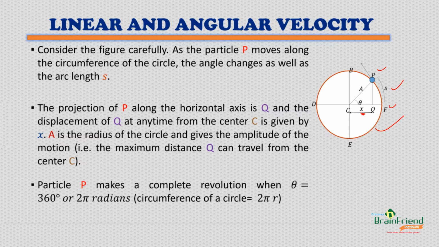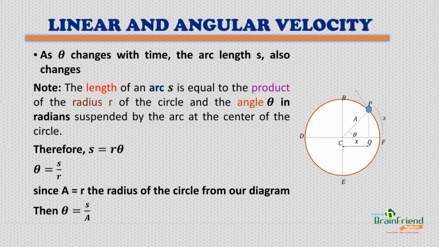So when particle P completes a revolution, that is, moves around the circle, the angle theta is equal to 360 degrees or 2 pi radians. As theta changes with time, the arc length S also changes with time. Now note that the length of an arc S is equal to the product of the radius of the circle and the angle in radians it subtends at the center of the circle.